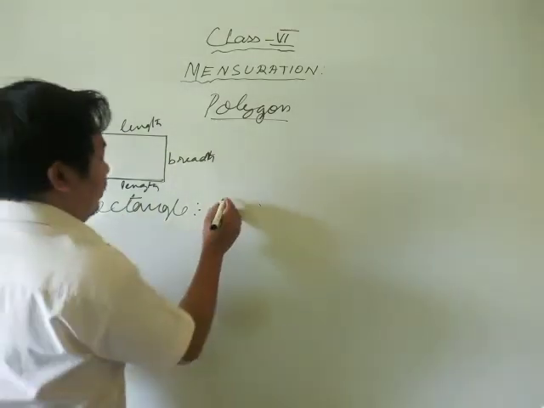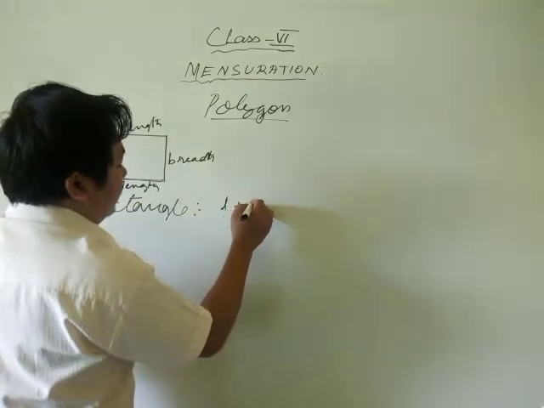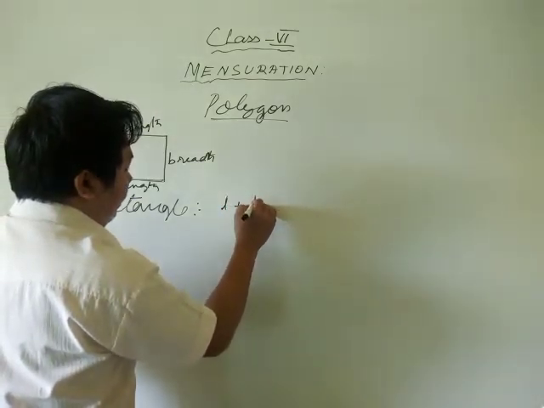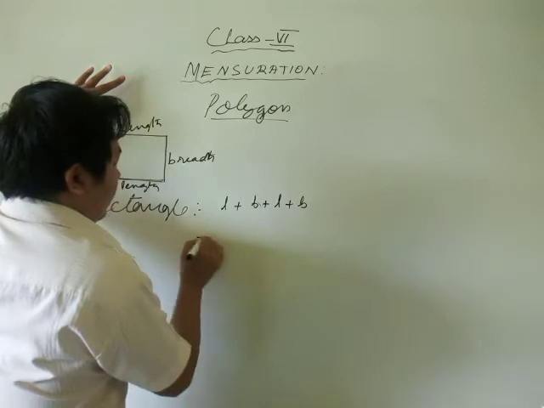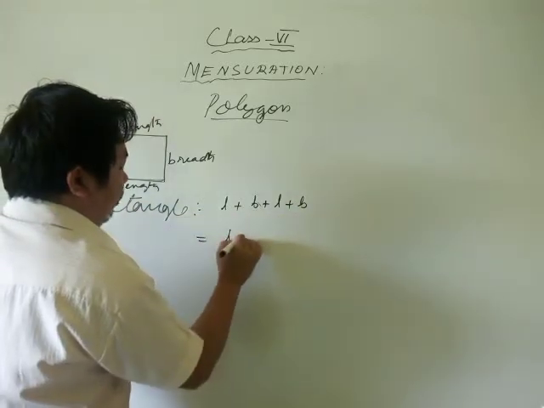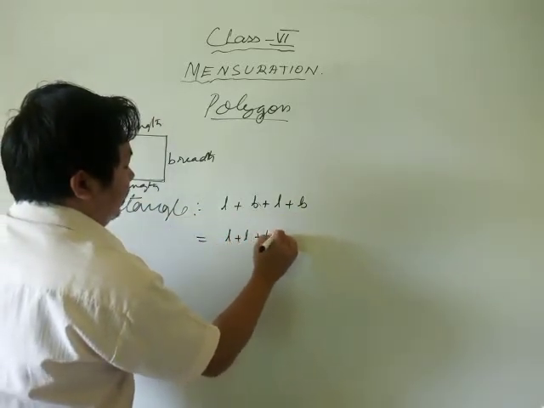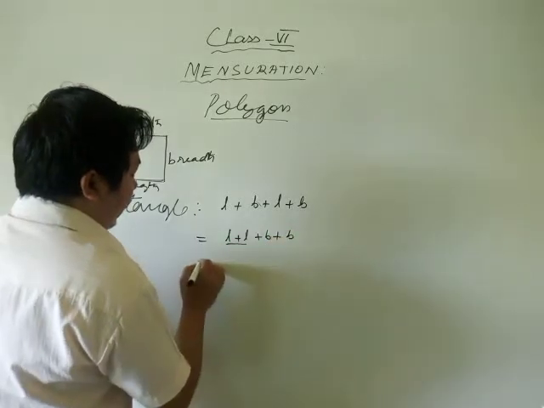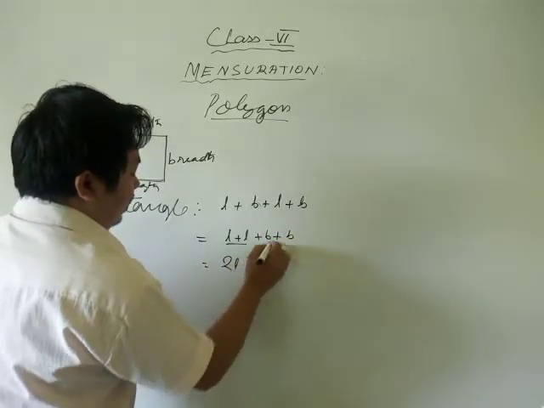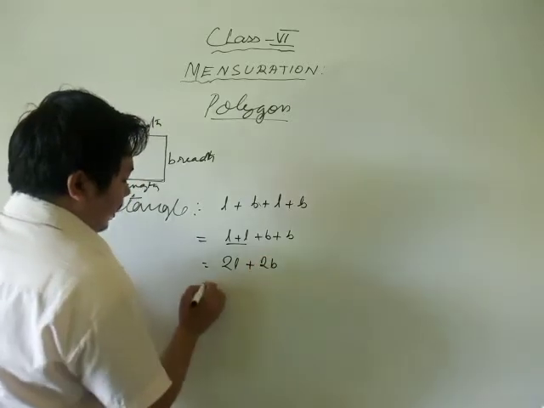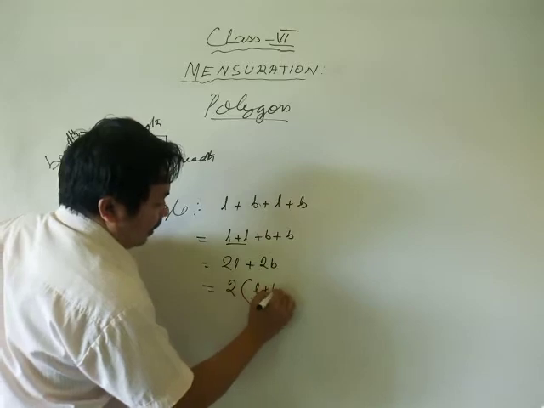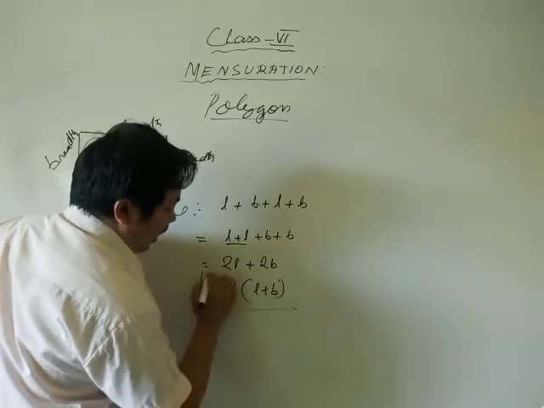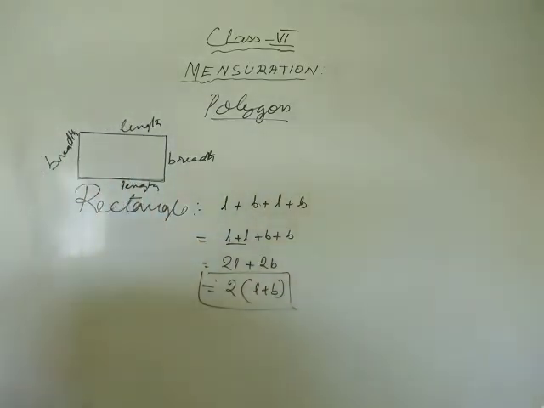That means L plus breadth plus L plus breadth, so 2L plus 2B. From here we can take 2 common, and inside L plus B. So this is the formula to find the perimeter of a rectangle.